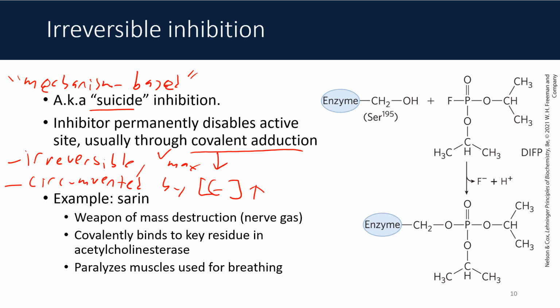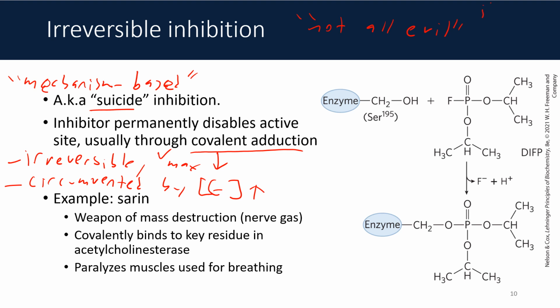As a quick public service announcement, I like to remind my students that not all irreversible inhibitors are evil. Irreversible inhibitors sometimes get a bad rap. There's a lot of negative language that surrounds their description.